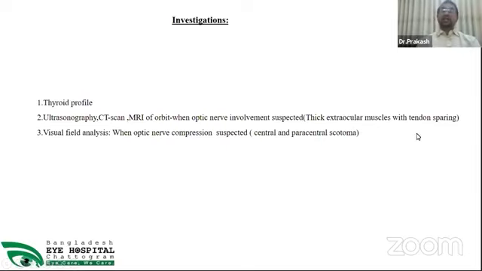But in thyroid eye disease, only the extraocular muscle will be enlarged, but the tendon will not be affected. And when the optic nerve is affected, as we know, one of the important functions of the optic nerve is the visual field. So there will be some scotoma, central scotoma or paracentral scotoma, and to exclude that, we can do visual field analysis.